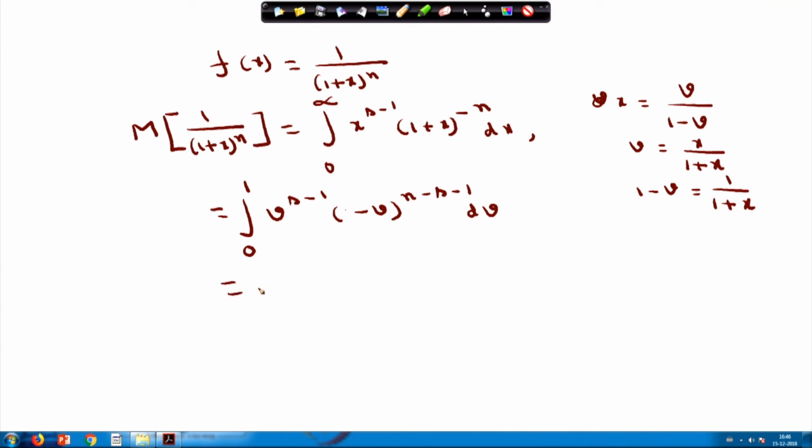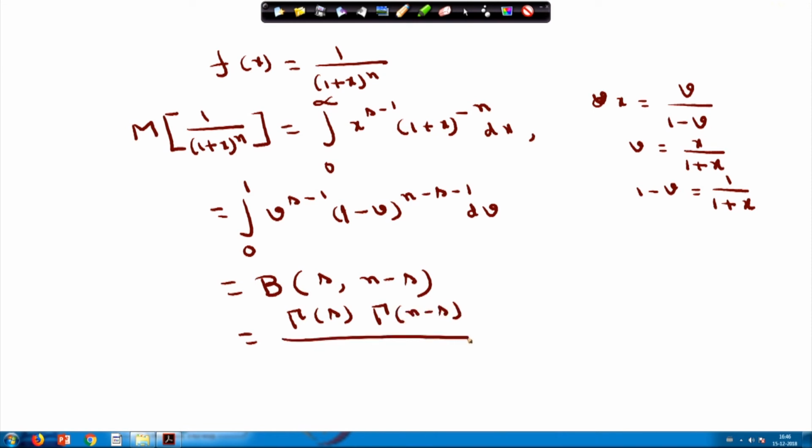Again this is nothing but in the form of a beta function, beta s comma n minus s, because it is v to the power s minus 1 into 1 minus v to the power n minus s minus 1 dv, which is nothing but beta s, n minus s. If you wish, you can write gamma s gamma n minus s by gamma n.